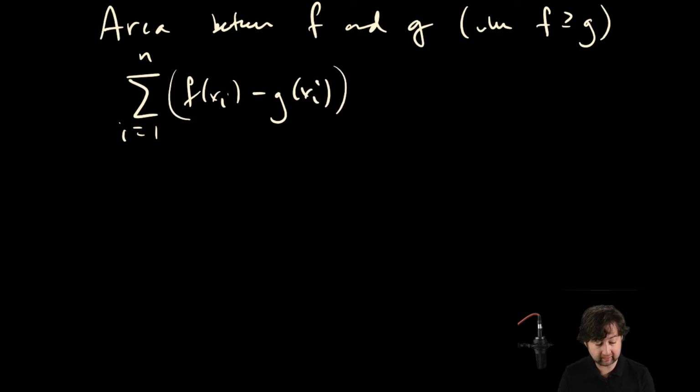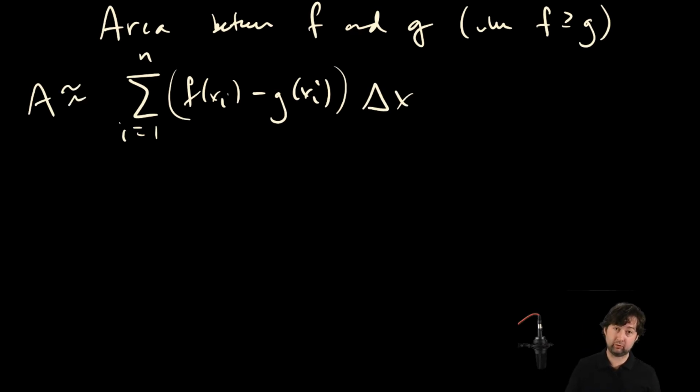That is the height of a given rectangle, times the width of that given rectangle. And now we're going to play the calculus move, which is to let delta x go to 0. We're going to take a limit. So if we let delta x tend towards 0, which really means we're also letting the number of rectangles increase.